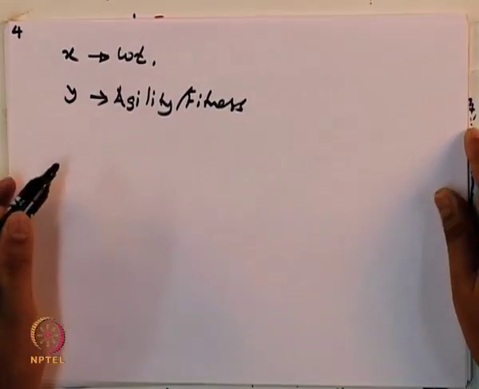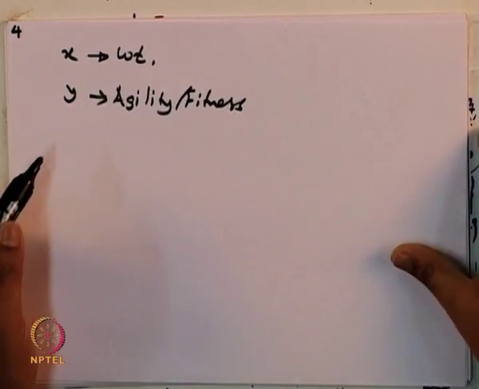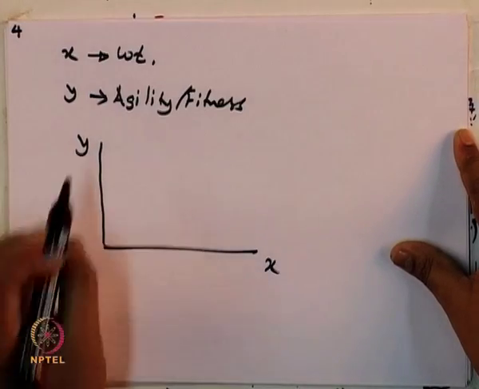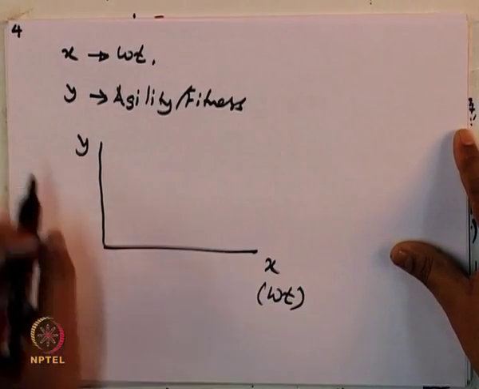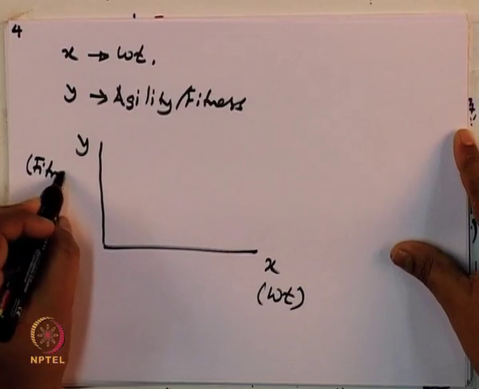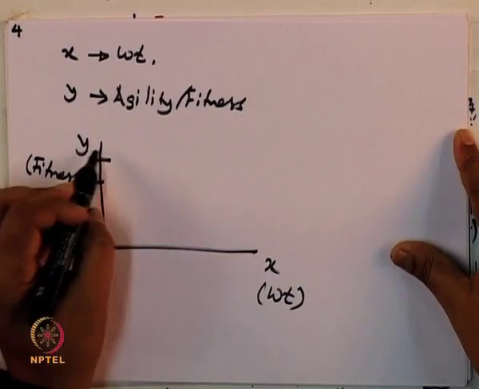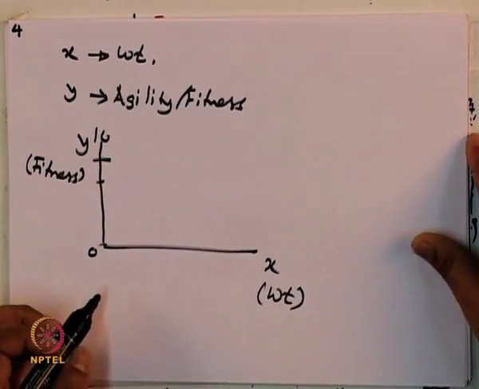Now logic would dictate, you would expect in general that if I were to plot x and y, this is my x, this is my y, so x is my weight axis and y is my fitness axis. Let us say I normalize it to a value between 0 and 10. Okay.